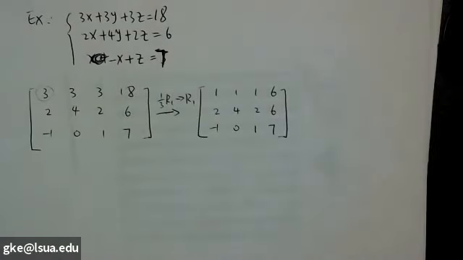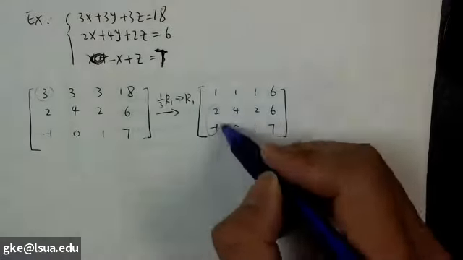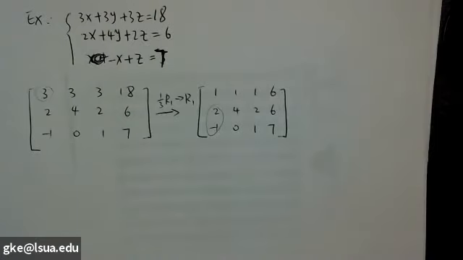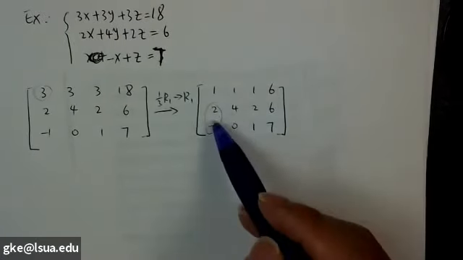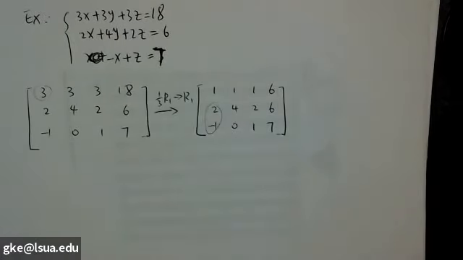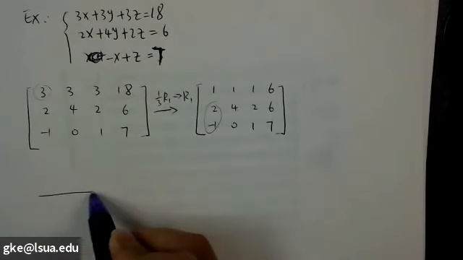Now we want to use the first equation to eliminate the first variables. These two. We want to keep these two equals 0. Right? That's the purpose. So let's take a look.